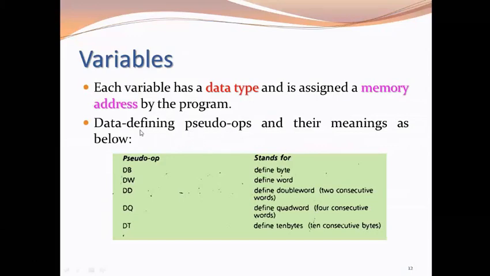When you are going to define some variable, you have to consider DB or DW or DD or DQ or DT. These you are considering as a kind of data type for the assembly variable. First you have to understand the meaning: DB, you are defining the byte. DD, you are defining the double word. DW, you are defining the single word.